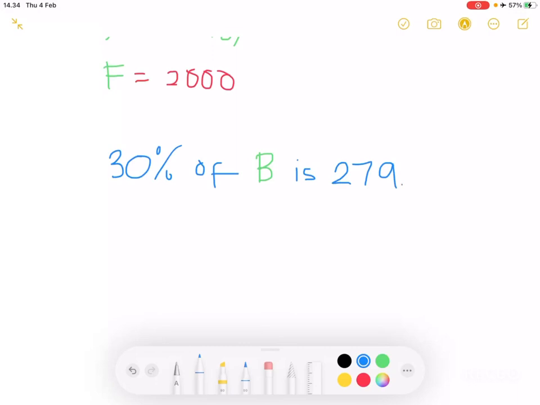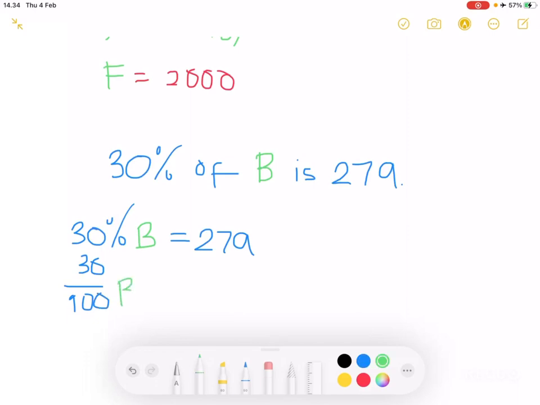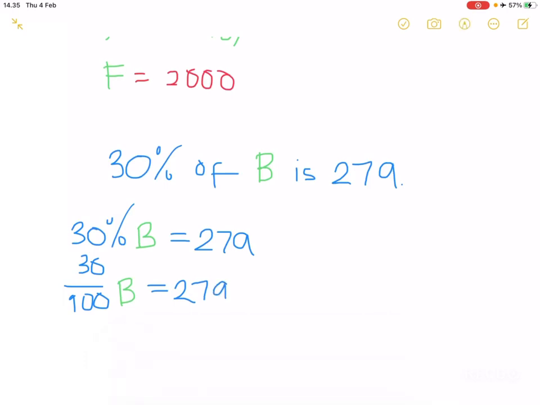So we need to find B. Again, we can just set up the equation, and then rewrite the percentage as a fraction, and then multiply both sides by 100.